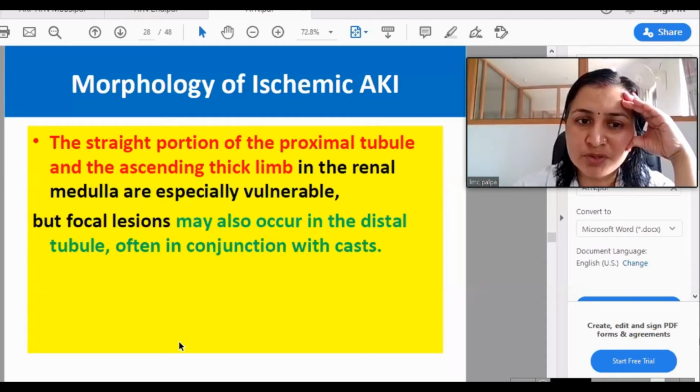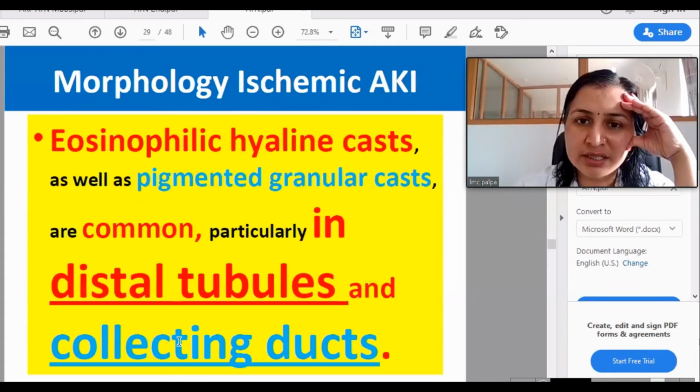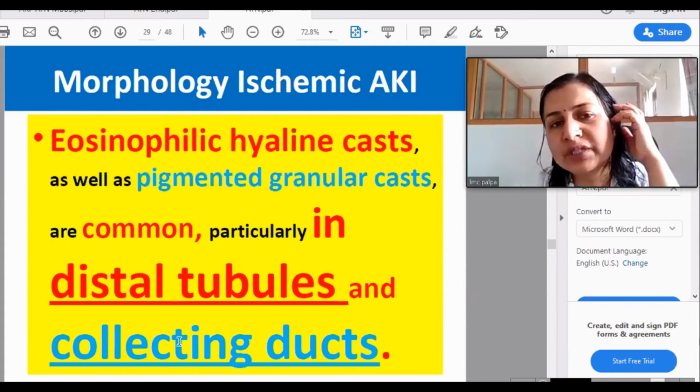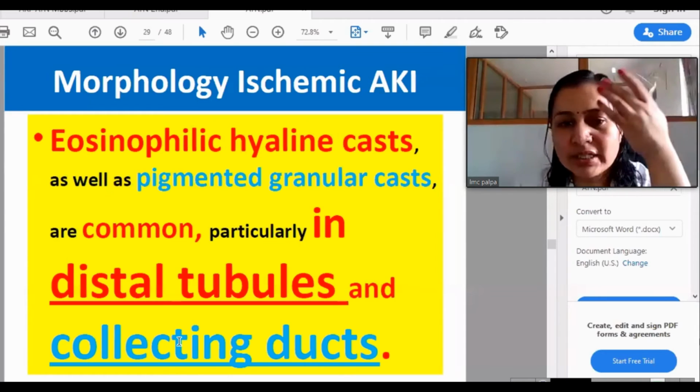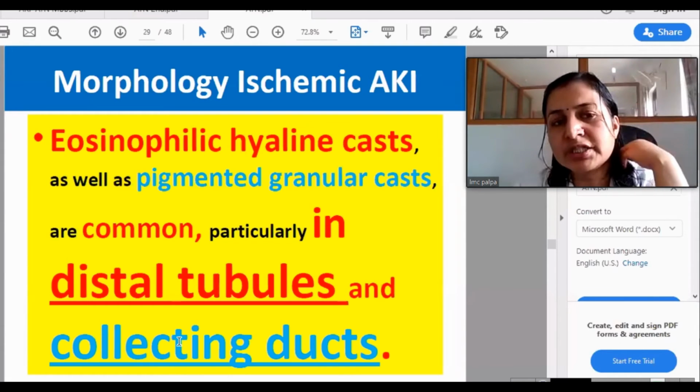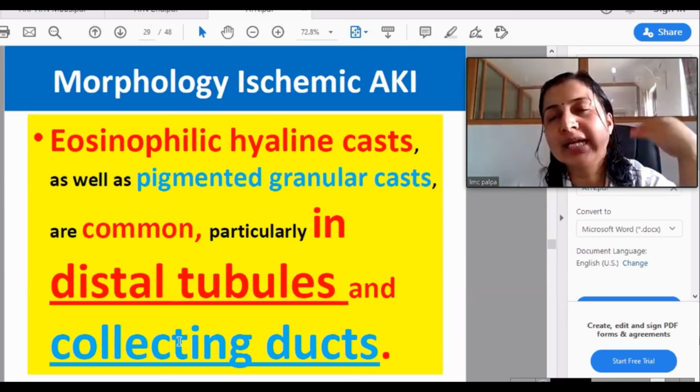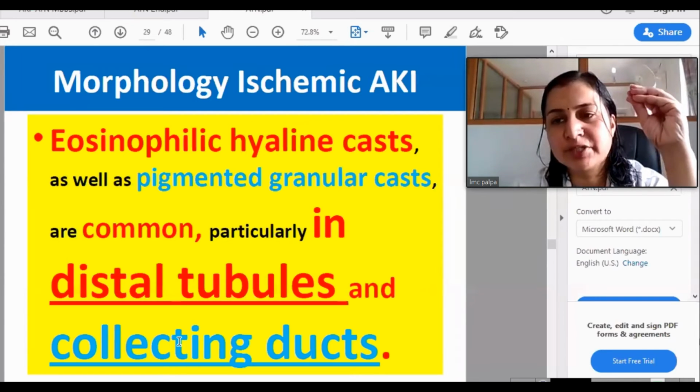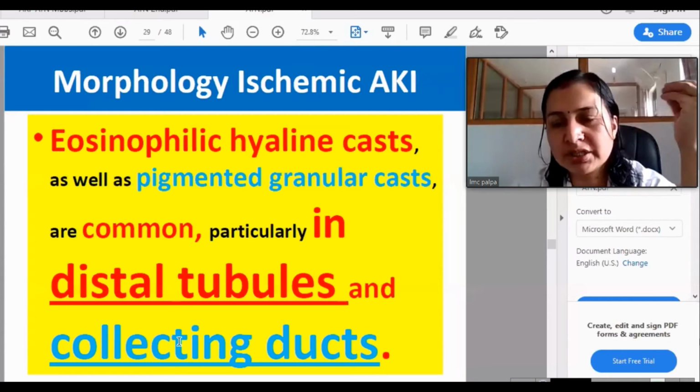But yes, the proximal tubule and ascending limb are very vulnerable, while the lesions that occur in the distal tubule act as the conjunction along with the casts. Now, what morphology do we see in urine analysis? As we are saying again and again, there will be detachment of tubular cells, and those cells get lost in the lumen.